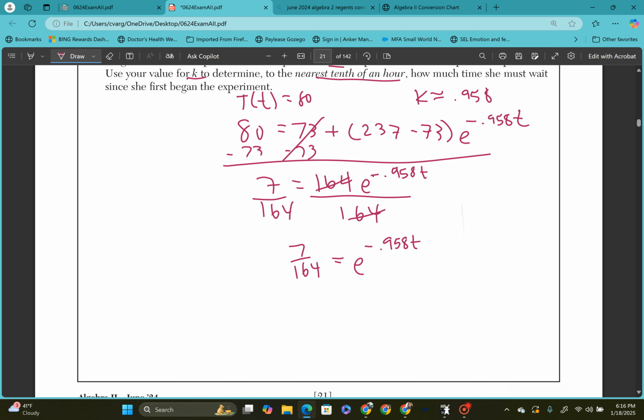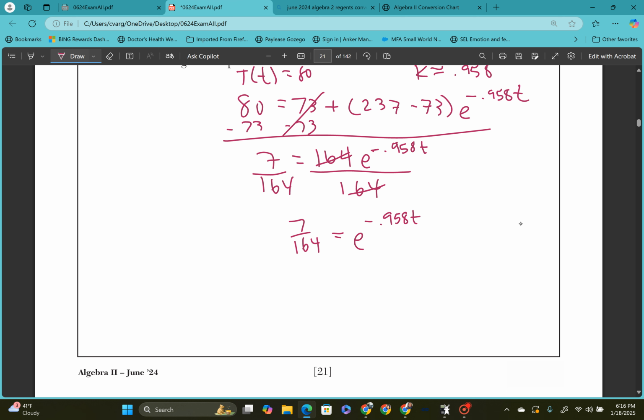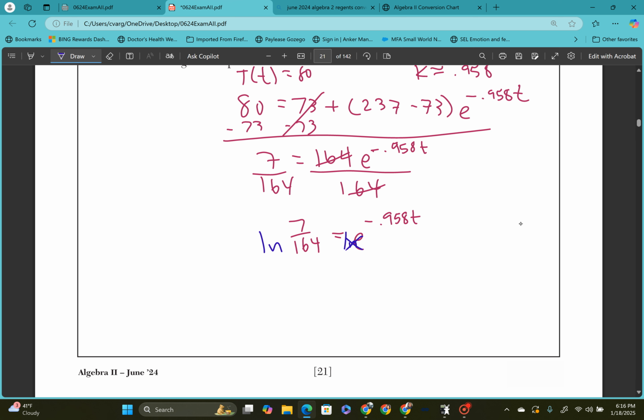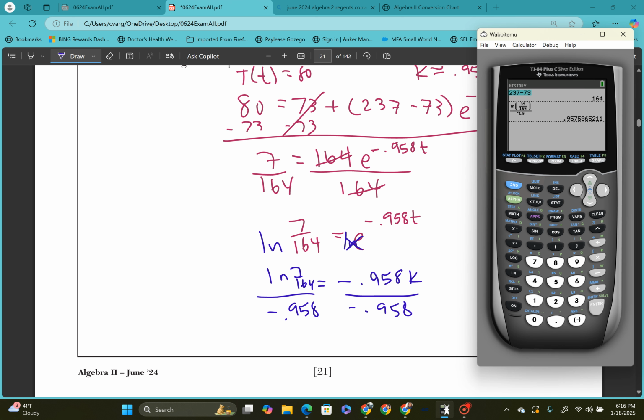My t is in the exponent, so that means that I'm going to have to ln both sides. Right? ln, you get the point. So I have negative 0.958 t is equal to ln of 7 over 164. Divide both sides by negative 0.958. Divide by negative 0.958. And again, this is something is long. I get it. It's long.